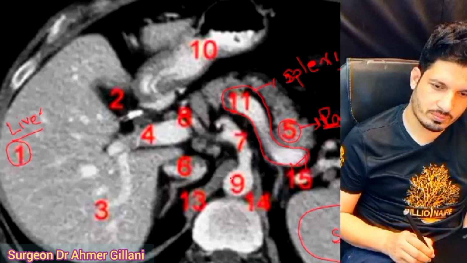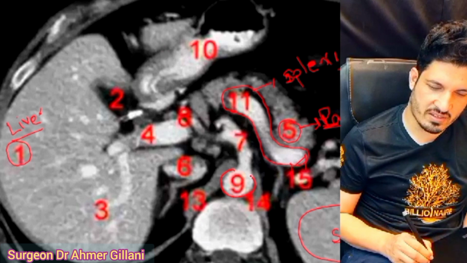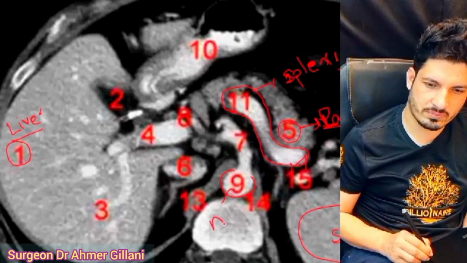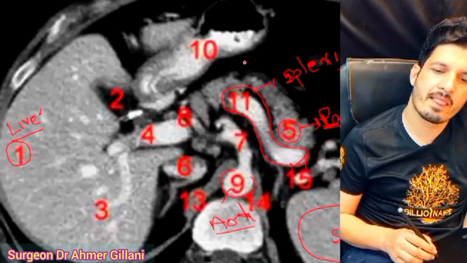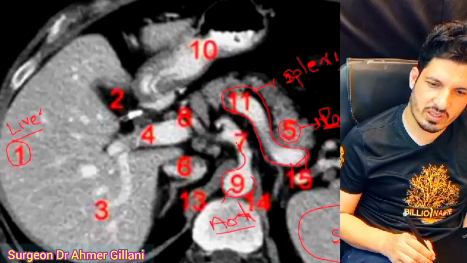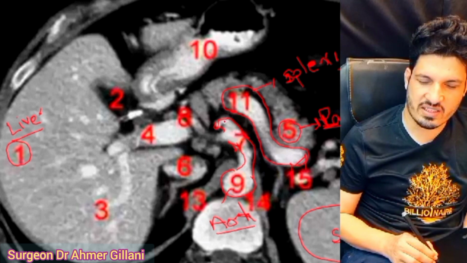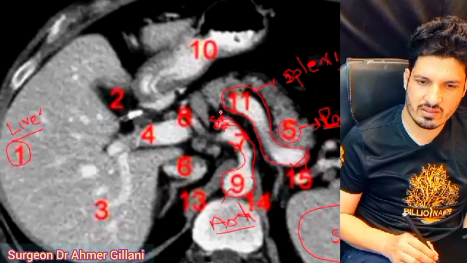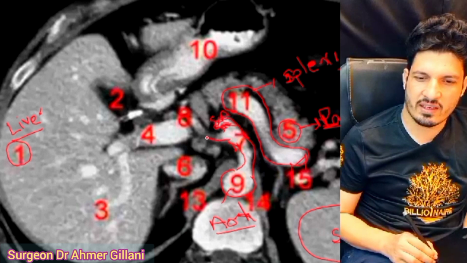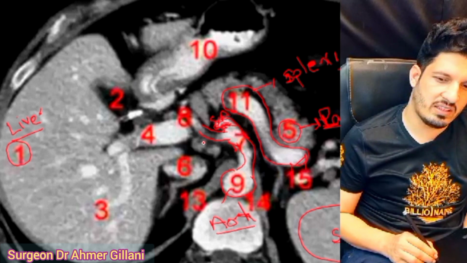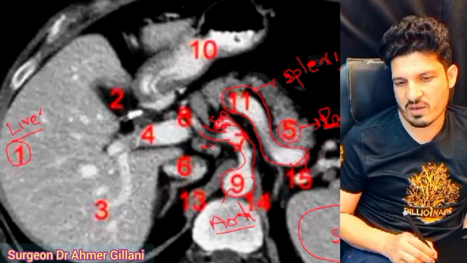Now the structure number 9, this is the aorta. Okay. And here you are seeing the celiac trunk, structure number 7, and here it is giving the splenic artery. Okay. And on this side, this is giving the common hepatic artery.